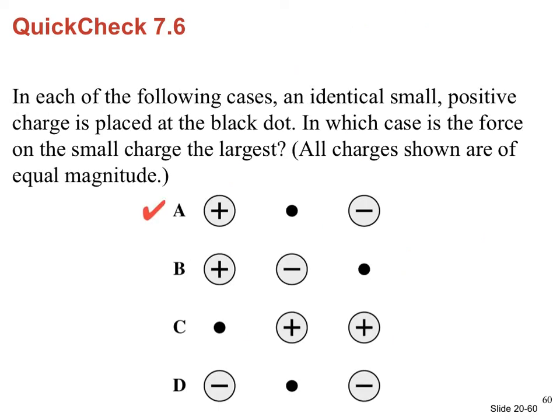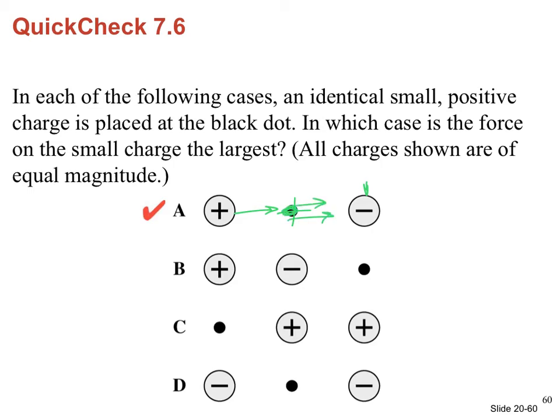Another quick check. If in each of the following cases an identical small positive charge is placed at the black dot, in which case is the force on the small charge the largest? So if I put a positive charge right here, I'm going to get a repulsive force that way, and this is going to want to attract it. The force on the right, it's going to want to attract it. So I have that repulsive force and the attractive force.